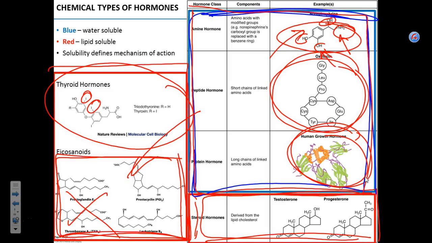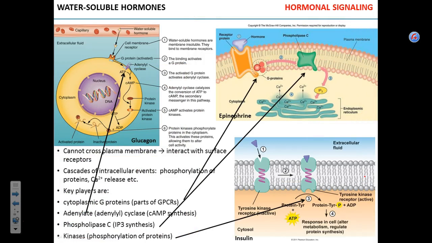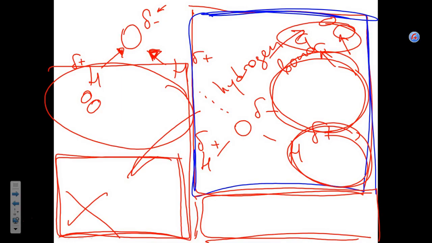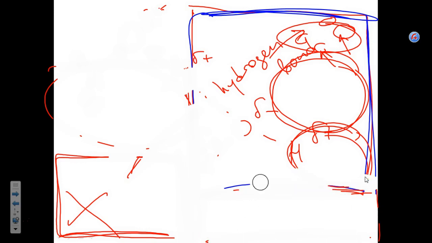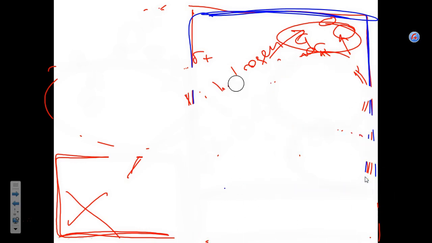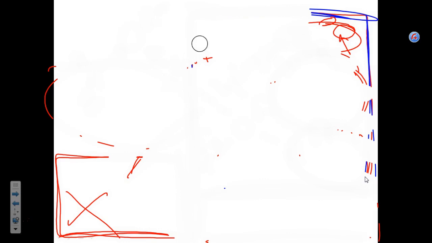So the pressing question is how these chemical features determine the action of hormones. Well, before we move on to the action of water-soluble hormones, we need to try and recall the very basic idea about the transport of chemicals across the cell membrane. Cell membrane, what is it composed of?